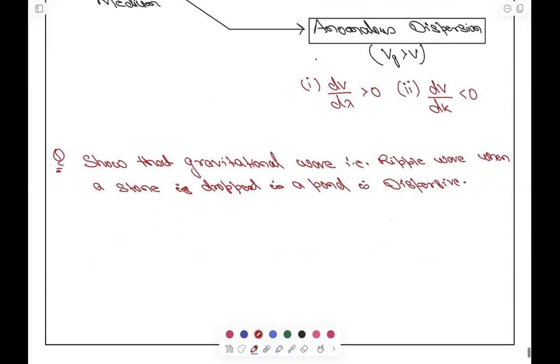Everyone has seen this, right? Yes or no? So the gravitational wave, the ripple wave when a stone is dropped in a pond, is dispersive.